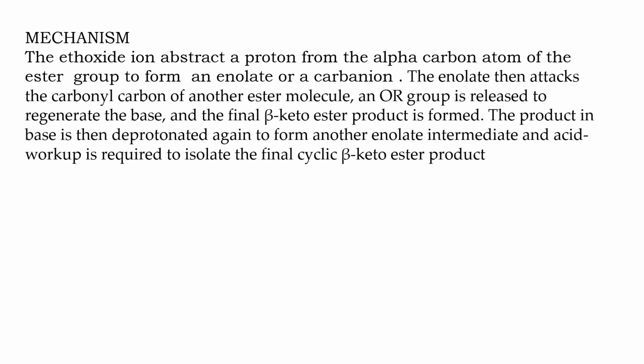So the mechanism shows that in the first step, the base, that is C2H5O minus ion, abstracts the H plus, that is the alpha proton of the first ester group. So OR minus abstracts the H, and as a result the alpha carbon atom of the first ester group gets a negative charge, or a carbanion is formed.